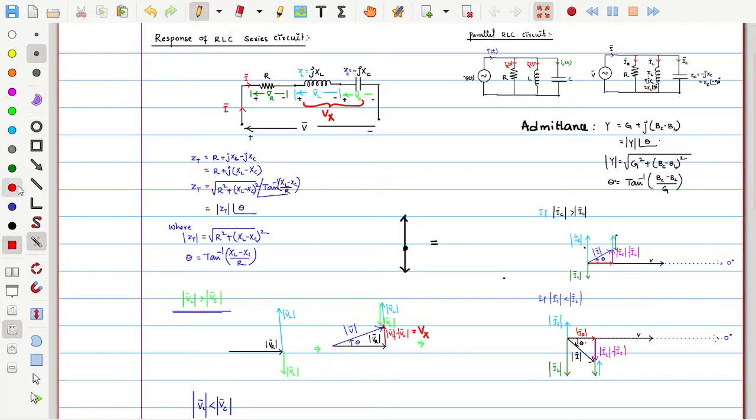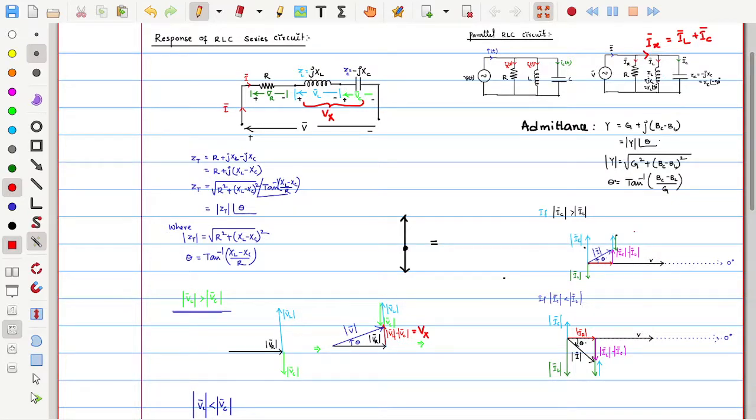Based on that, we find the net current taken by these two elements, which we call, let us say, Ix. Ix is the sum of the inductor current and capacitor current, which I can write as Ix is equal to IL plus IC phasors.